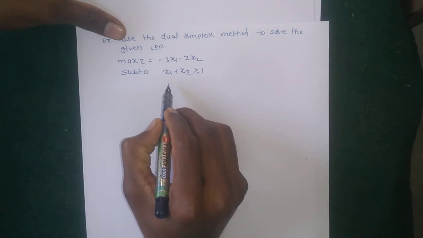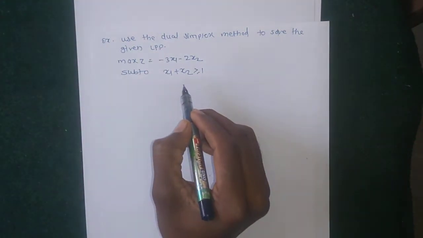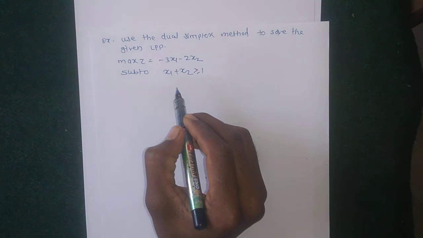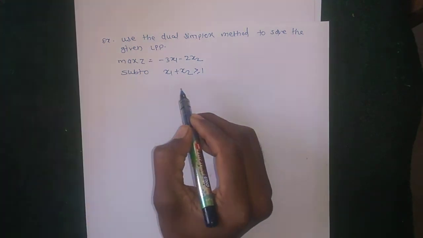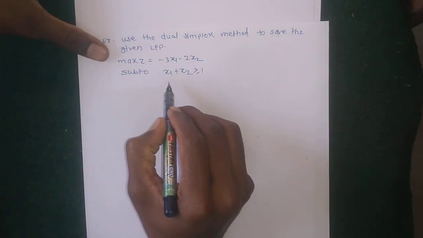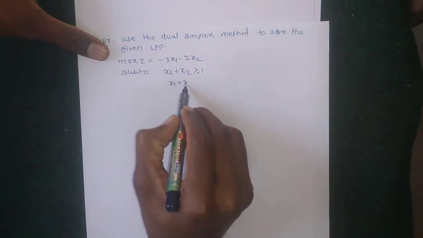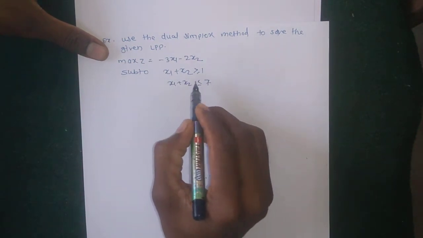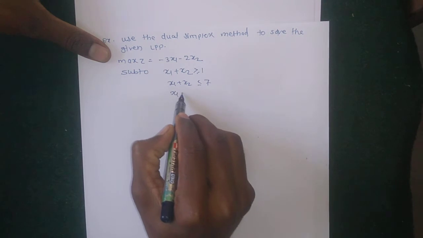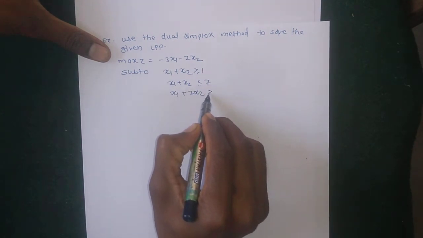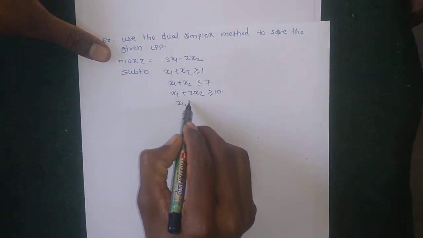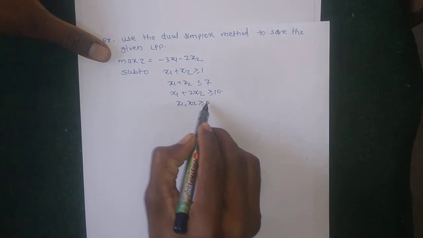Then the next constraint is x1 plus x2 is less equal 7. Then x1 plus 2x2 is greater or equal 10, and x1 and x2 are greater or equal 0.